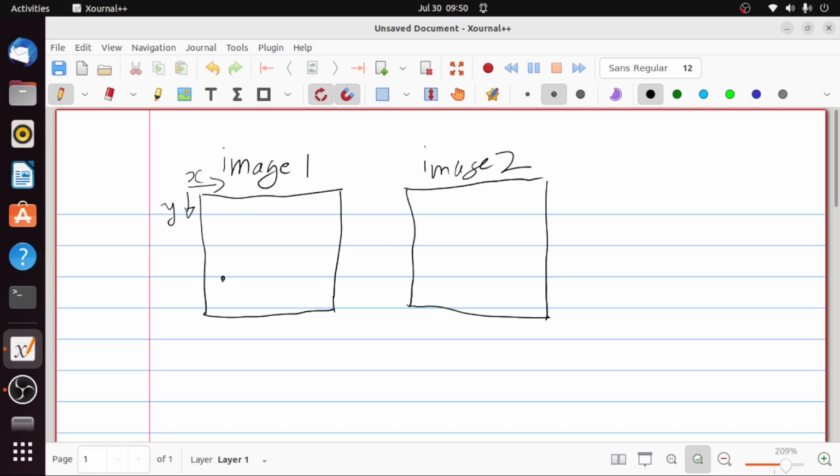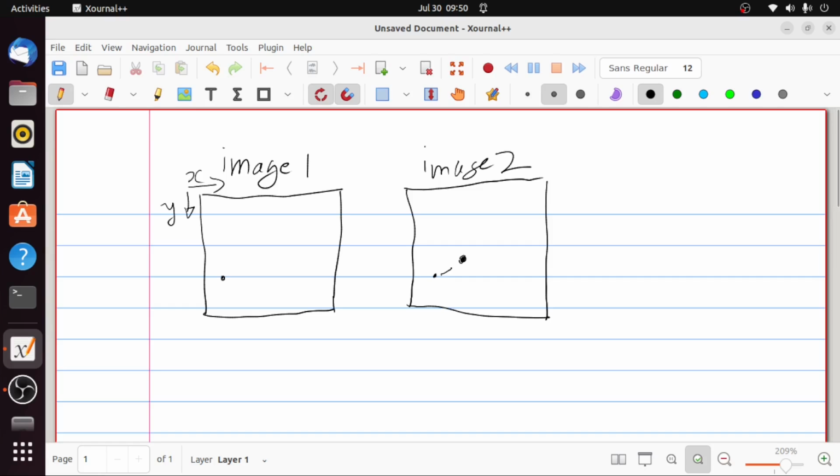So this is pixel XY. And this is the same XY, but this pixel may be over there now on image 2. So maybe this is the head of somebody, and that head has moved from here to there.